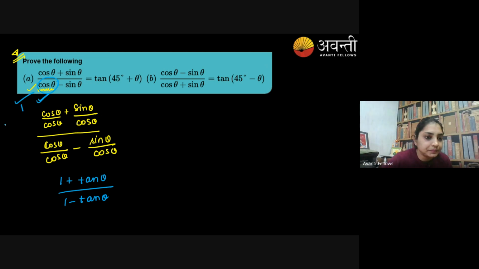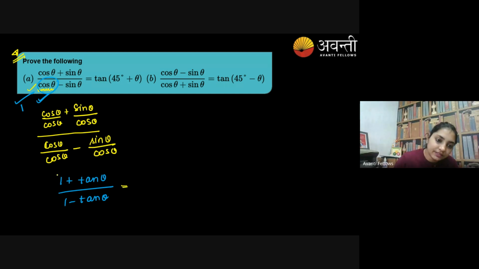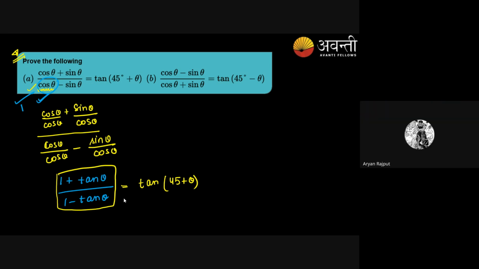Clear? So whenever this formula arises, what do I need to write? It will look like tan of 45 plus theta. Right, good. Okay, great. So the B part can be done by your side, everyone.